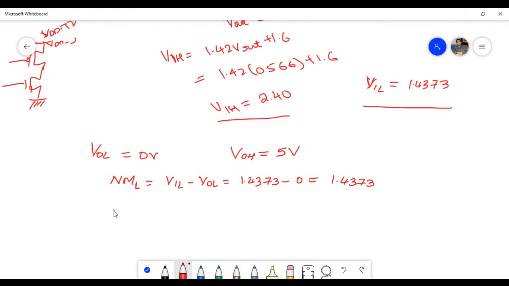For high, it will be VOH minus VIH. So it will be 5 minus 2.4. So it will be how much? 2.6. Yes or no?